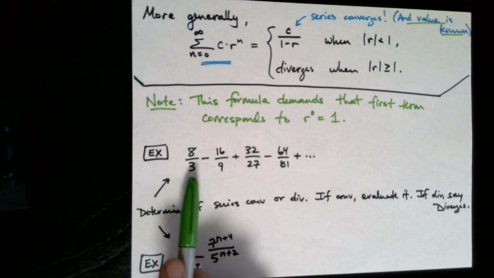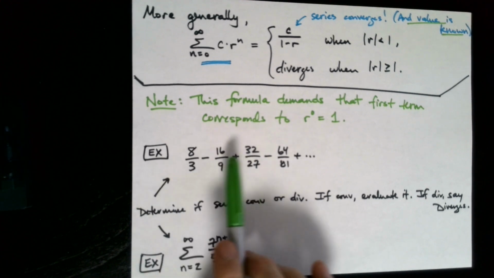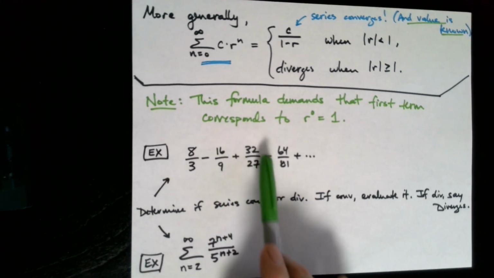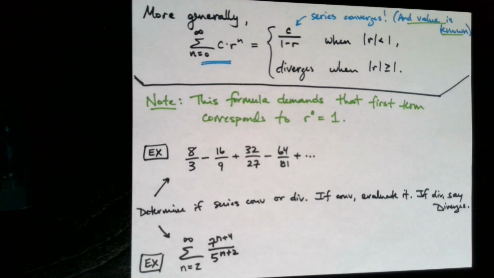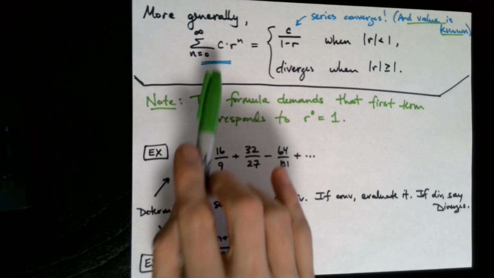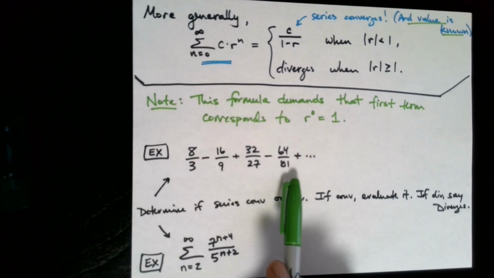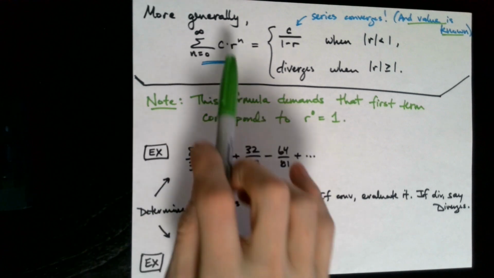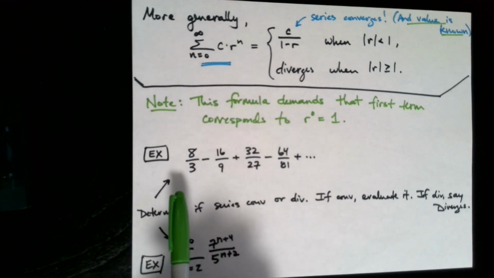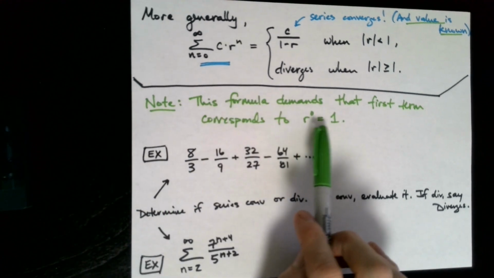So take a look at this sum here, 8 over 3 minus 16 over 9 plus 32 over 27 minus 64 over 81. I claim this is a geometric sum. Now, to be a geometric sum, we would have to be able to factor out a constant, and I claim we can factor out a constant from all of these terms. Moreover, we would have to have our first term correspond to r to the 0.